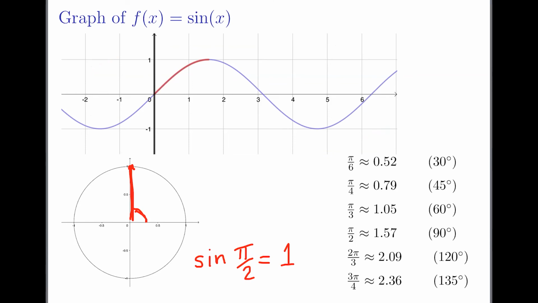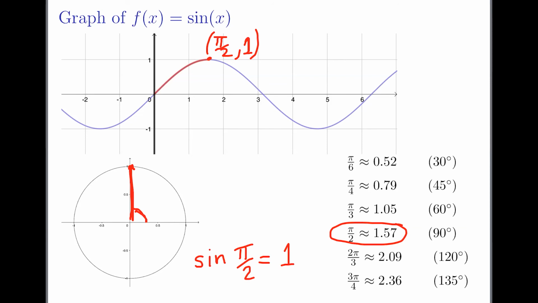You go over here to an x value of pi over 2, which, by the way, that's about 1.57. And you go up a distance of 1. And what we see then is that this point up here is the point x equals pi over 2, y equals 1, and that point is on the graph of this sine function.